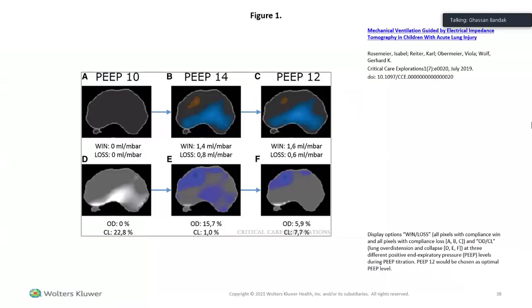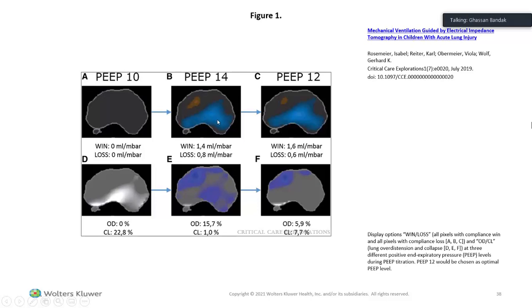This is one example, okay, of a case where they took a patient and at a PEEP of 10, this white here is how much lung is atelectatic and collapsed. There was a lot of atelectatic collapsed lung, okay? At the PEEP of 14, you won some.